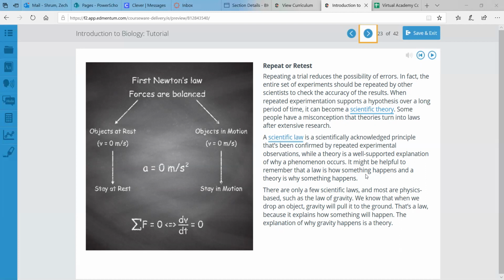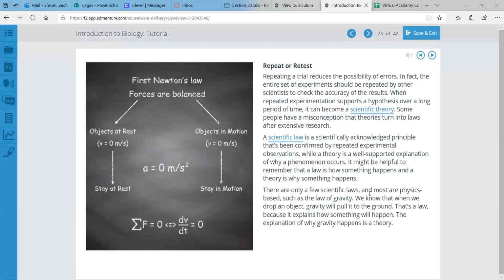A law is how something happens, while a theory is why something happens, okay? There are very few laws, straight up laws. They're usually physics-based, and you can observe them for the most part in the natural world.